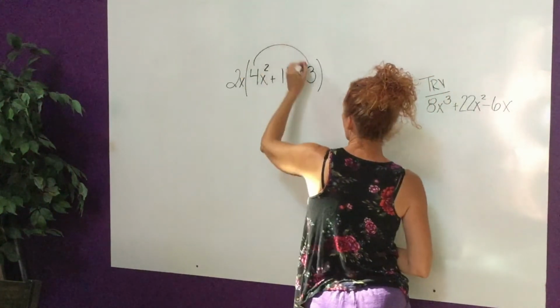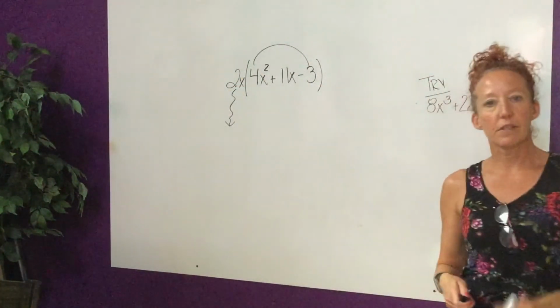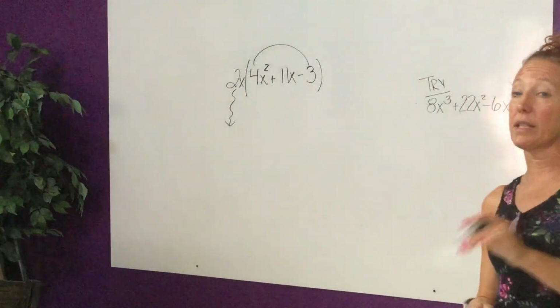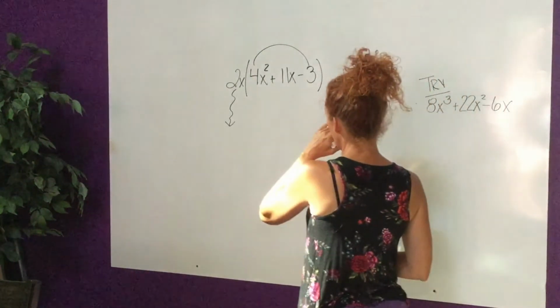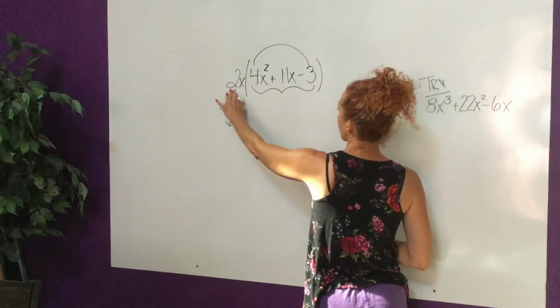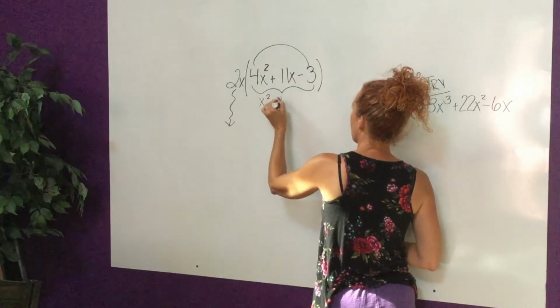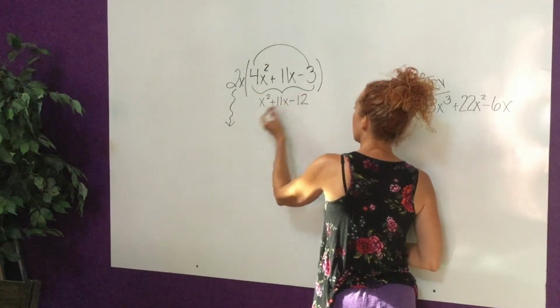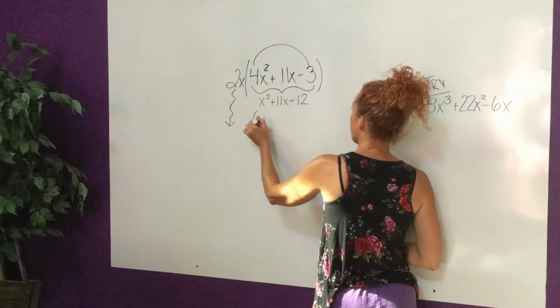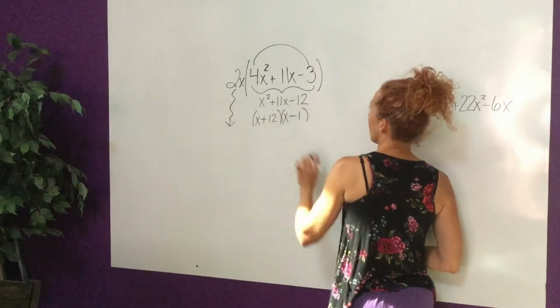I'm going to multiply the 4 and the 3, so that one can just, there's another option for you, it's just to kind of do a little squiggle so you know it's there without having to rewrite it. And now I'm just going to mess with this. So this 2 does not play a part in that slip and slide. So I have x plus 12 and x minus 1.